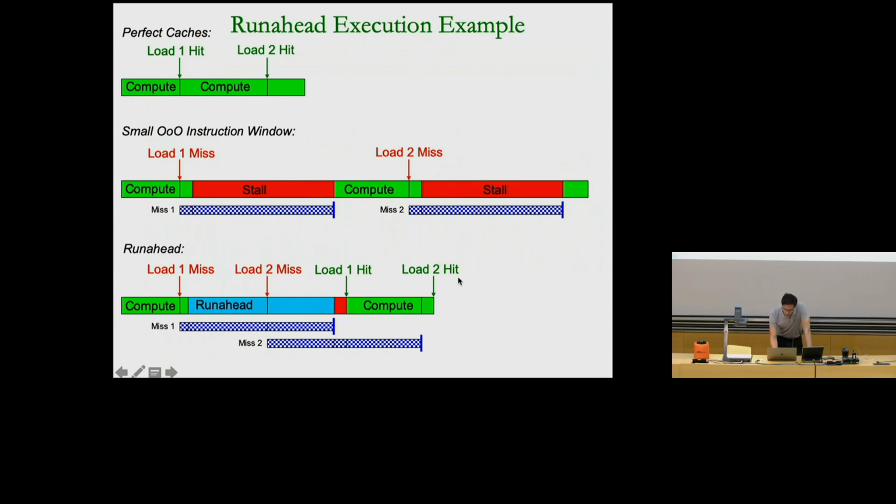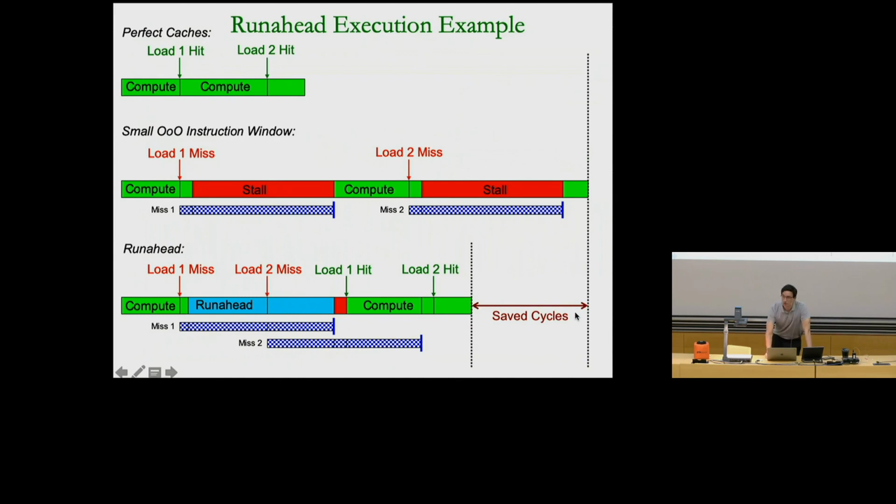So when we go again and try to load this value, this memory access here, which is the same memory access as here, then we hit in the cache and we can continue the execution. We are saving all this stall here, so we end up saving all these cycles.